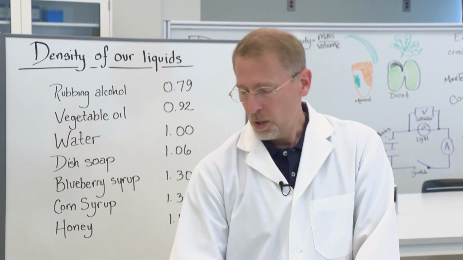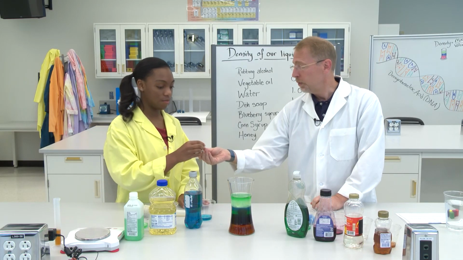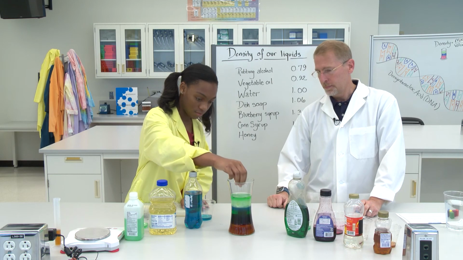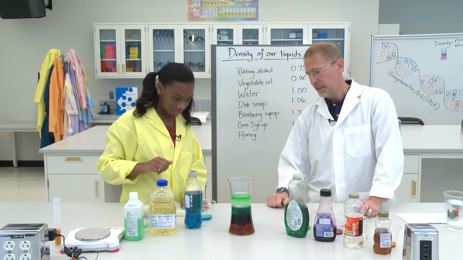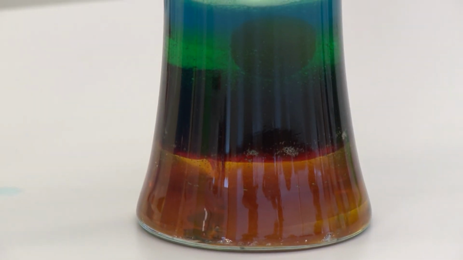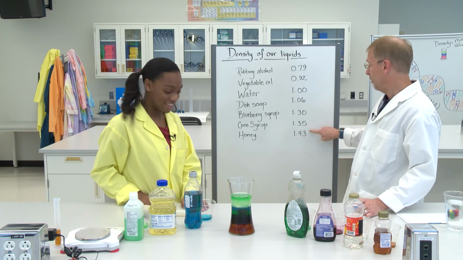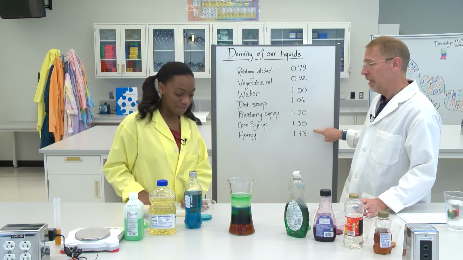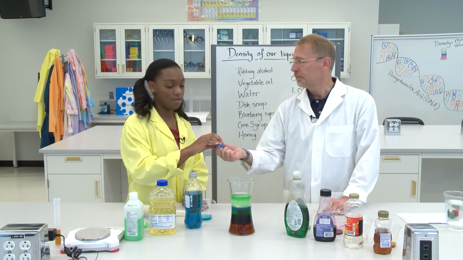Why don't you try this screw? Okay. Let's see what it does. All right, so it has settled. It's floating right in between the corn syrup and the honey. So we know that the screw sits right here. All right, how about this one?